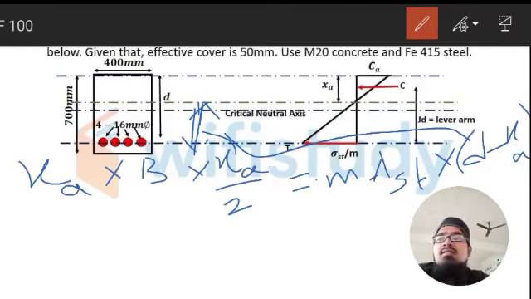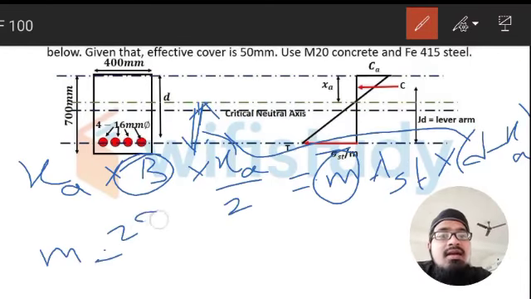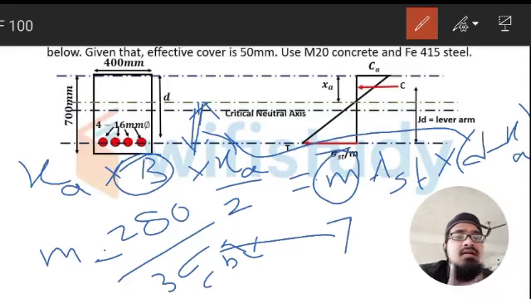From this equation, after substituting the values, xa should be found out. B is equal to 400, and m can be found out using the modular ratio formula, m is equal to 280 by 3 sigma CBC. The sigma CBC for M20 grade of concrete is 7.